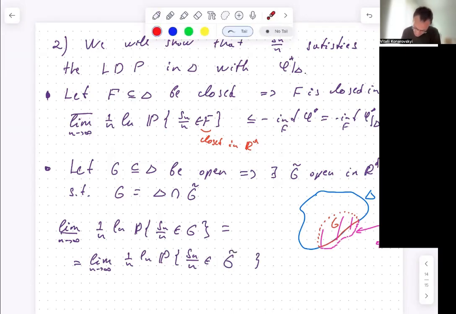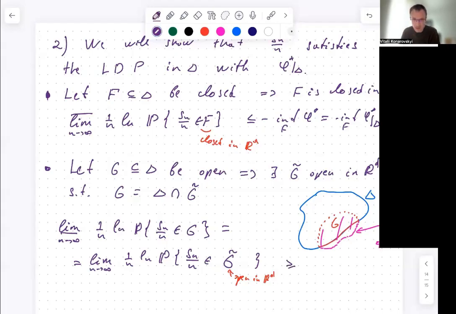Because if you have random variables which take values here, and you know a priori that they are in delta, then of course you can replace this G by G tilde. The probability will not be changed. Then you have the equality, and now this set is open in R^d. Then you can use the large deviation principle.